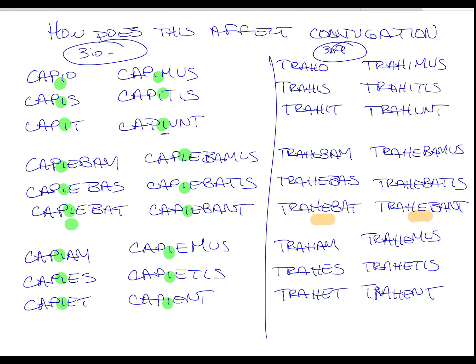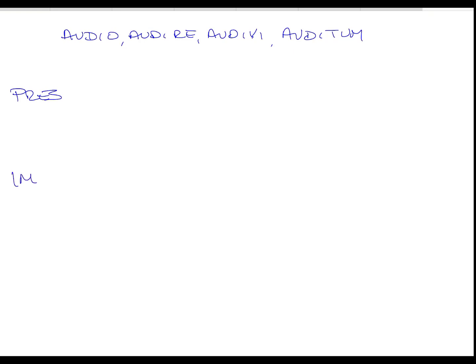How do we conjugate a fourth conjugation verb in the present, the imperfect, and the future? The exact same way. I encourage you, and I'm not going to do it now because I think it's a good exercise for you, to go through audio, audire, audivi, and auditum, and conjugate it in the present, the imperfect, and the future.